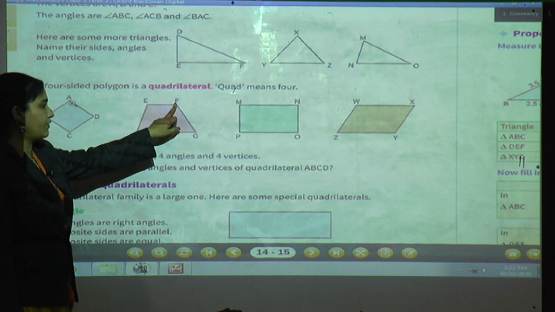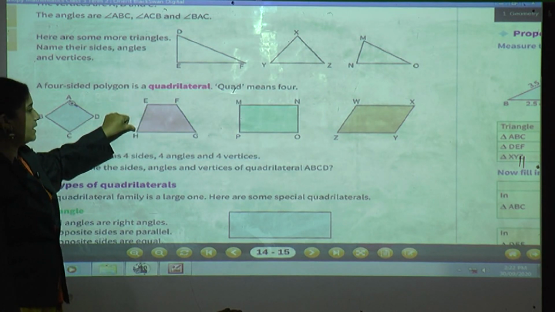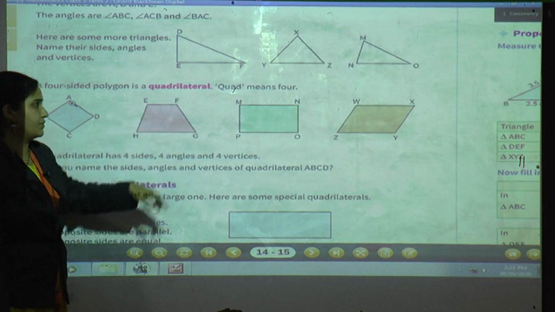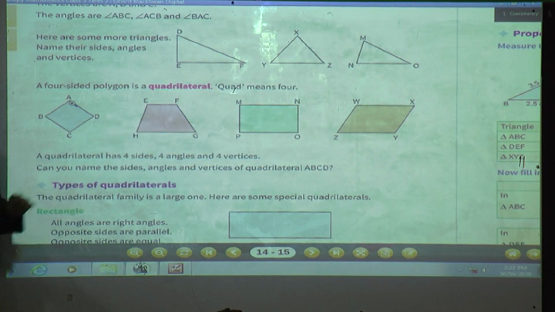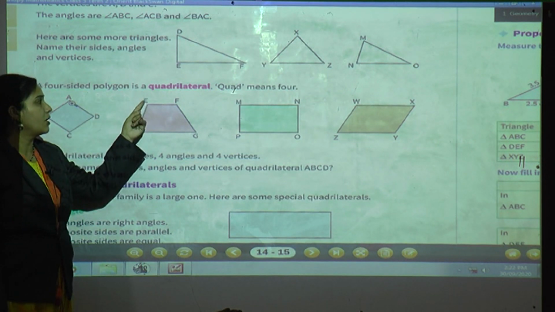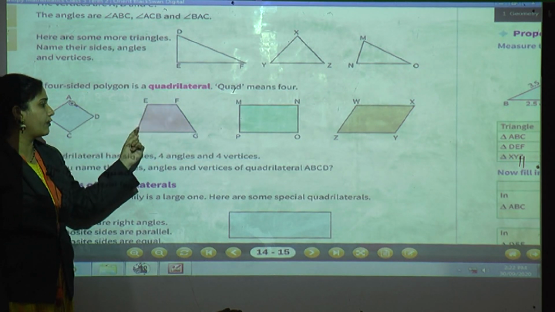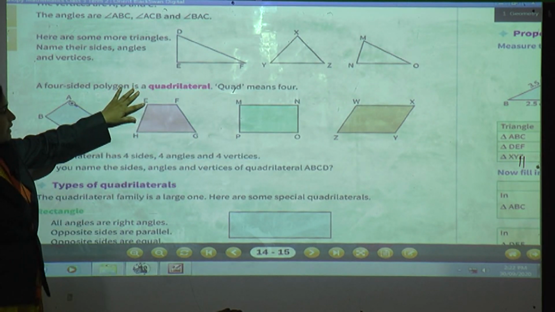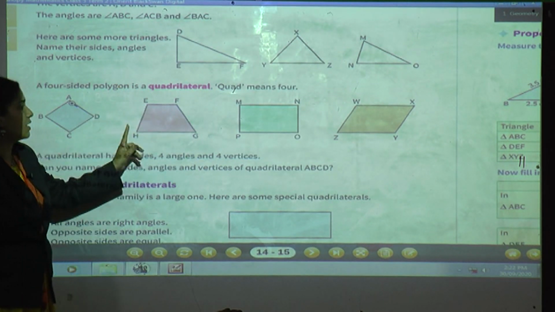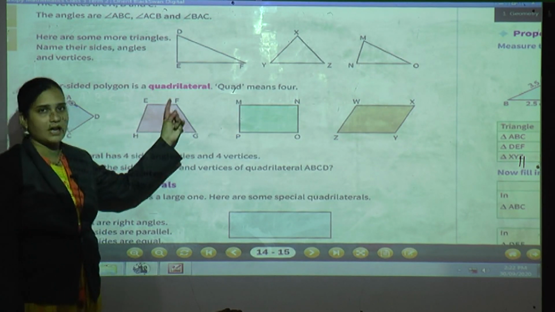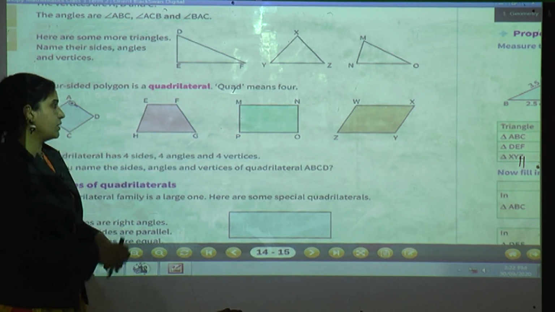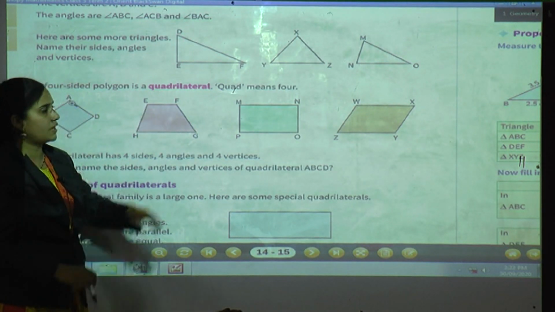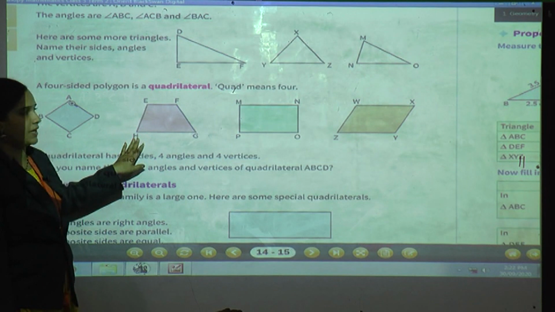Side EF, side EH, side HG and side FG are the four sides. The four vertices are E, F, H, G, and four angles: angle EHG, angle HGF, angle GFE, and fourth one angle FEH.